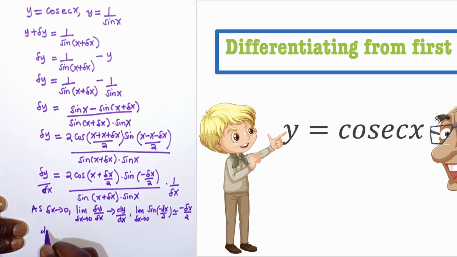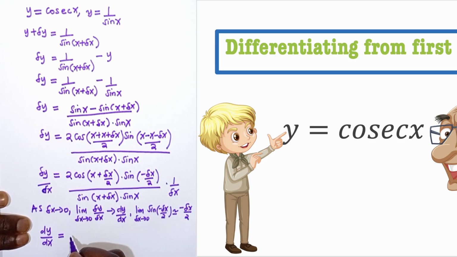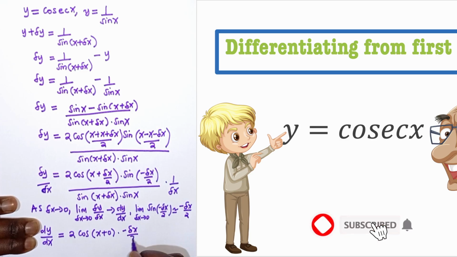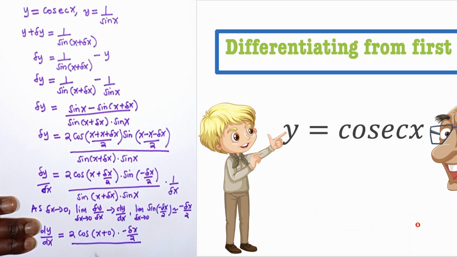Now, when we substitute in, our dy by dx will become 2 cos of x plus 0, because 0 out of 2 is 0, times the negative delta x out of 2, everything divided by sine of x plus 0, then times sine x.